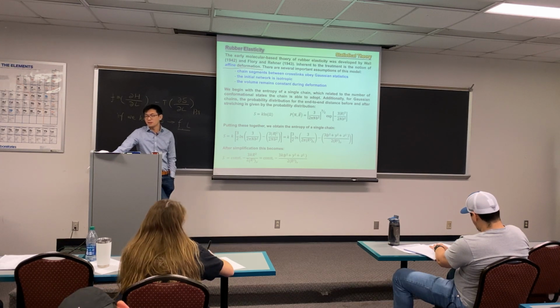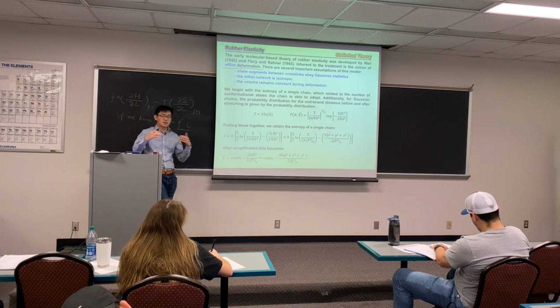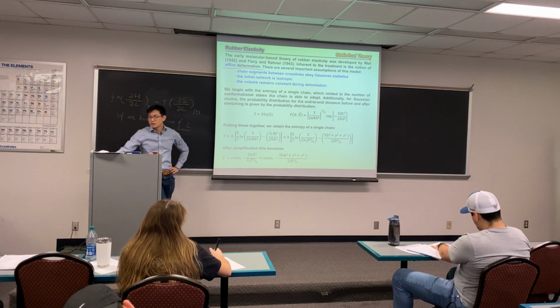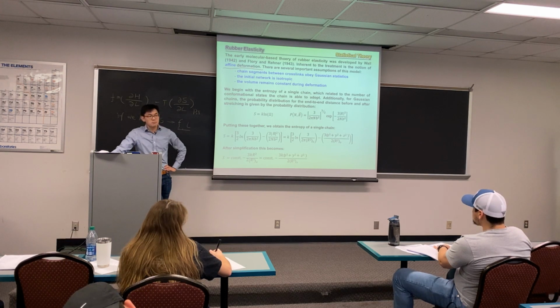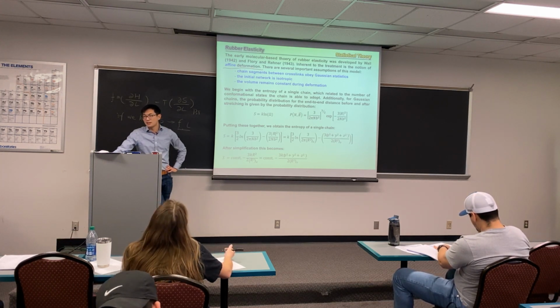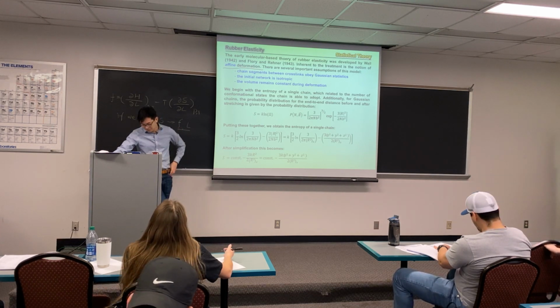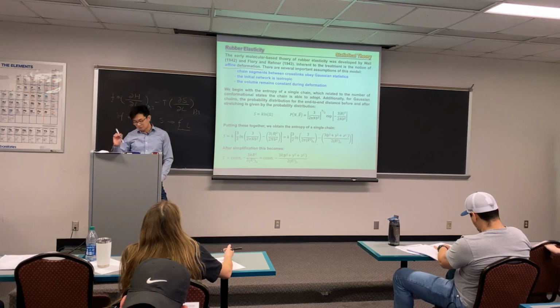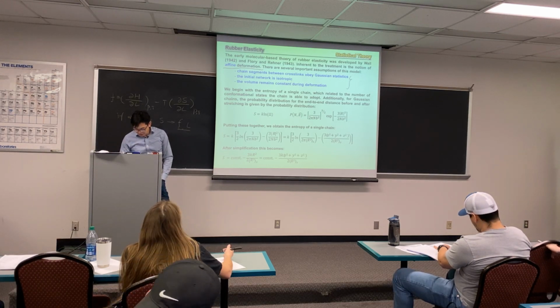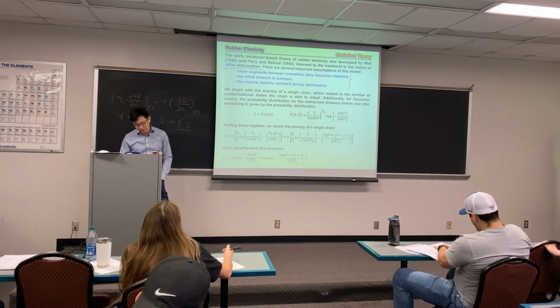That means your volume is incompressible. When you deform in one direction, it will shrink in the other directions. But for real elastomers, people measured natural rubber at about 0.459 or something like that. It's very close, but there's a little bit of disagreement, though very minor.